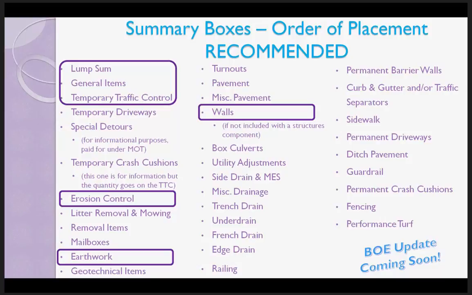Sometimes you do have walls that are not attached to the bridge and you would have earthwork. If you have that situation, we don't want two summary boxes. It would all be one summary box. So the earthwork on the bridge you would remove and not use the rows within that summary box, and put all of it on the one earthwork summary box, broken down by bridge if necessary, and the other areas by station range where those other walls may be, or whatever earthwork may need to be done. Hopefully that was clear as mud.